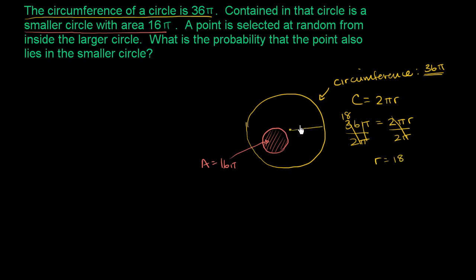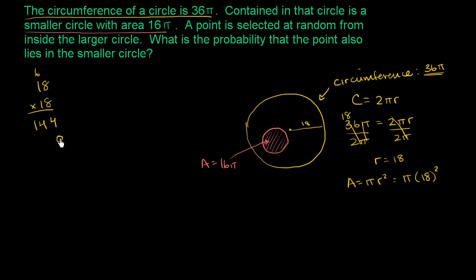This larger circle has a radius of 18. So its area is going to be pi r squared, which is equal to pi times 18 squared. And let's figure out what 18 squared is. 18 times 18. 8 times 8 is 64. 8 times 1 is 8, plus 6 is 14.